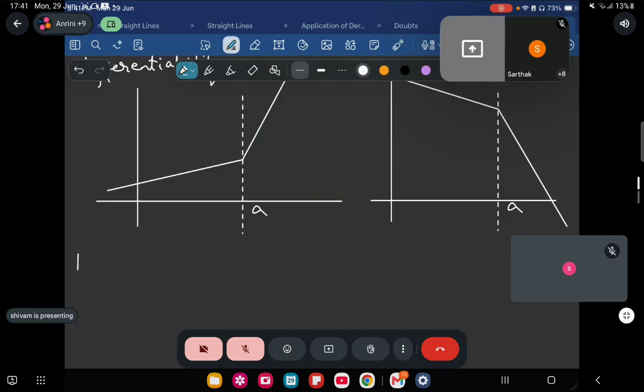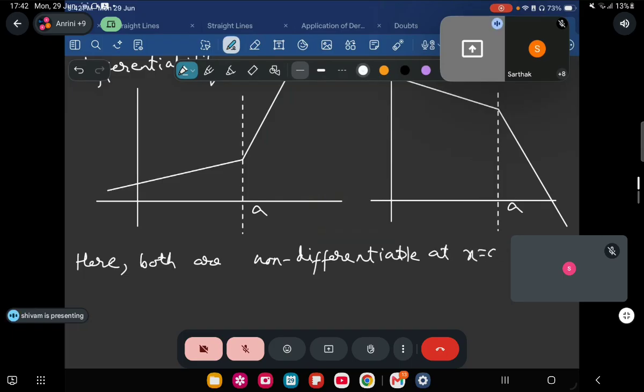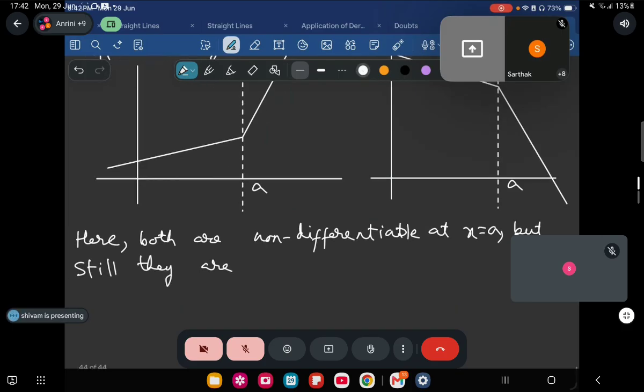Here, both are non-differentiable at x equal to a, but still they are monotonous.